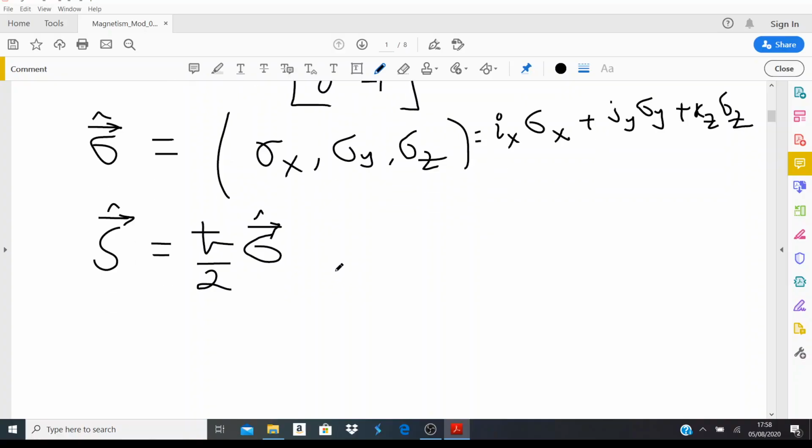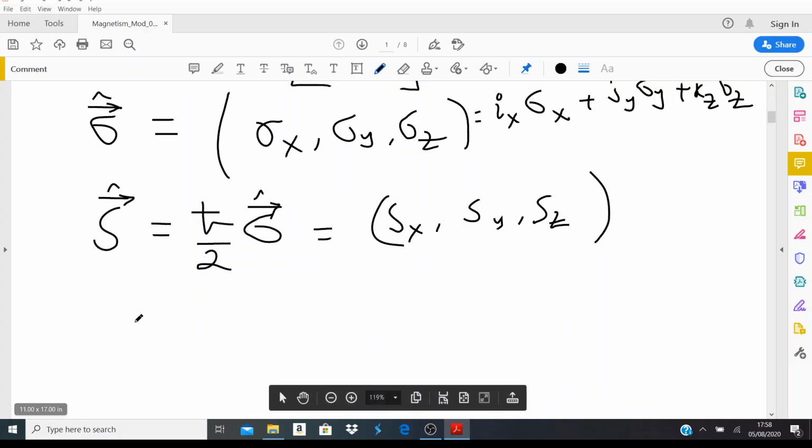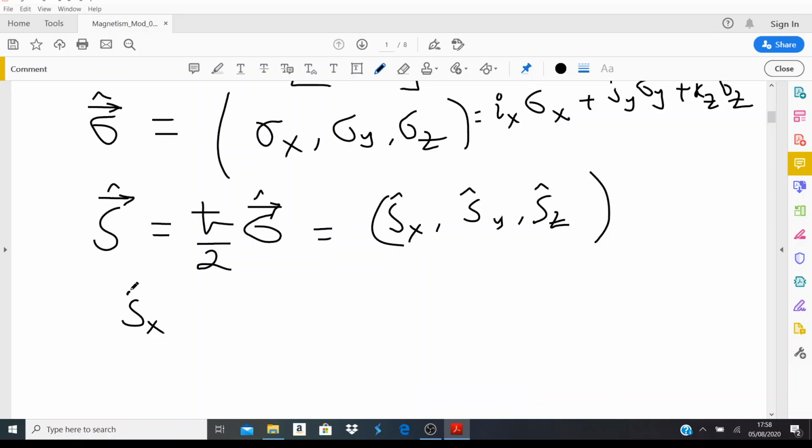And then you can see that this spin operator has three components also. Let's say Sx, then Sy, and Sz. If you write this in terms of sigma x, sigma y, and sigma z, you can easily see the x component of the spin operator is nothing but h bar by 2 sigma x.